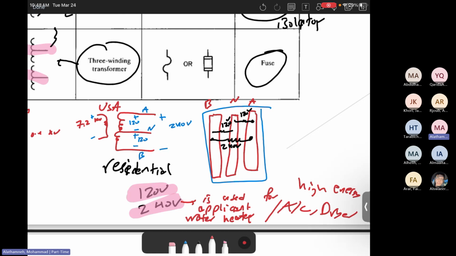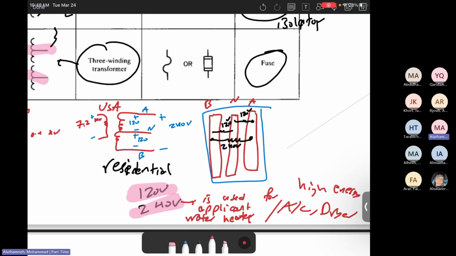However, in Jordan, it's 230 volts, and there is no need to do any of those. There is no need to make it larger. I would say in Jordan or even in the United States, if the load is very big, then we will replace it by a three-phase.